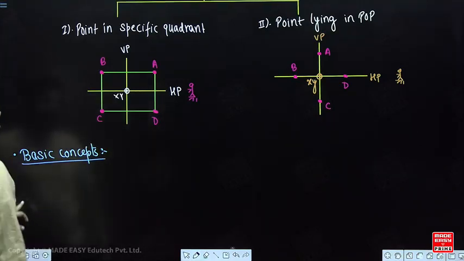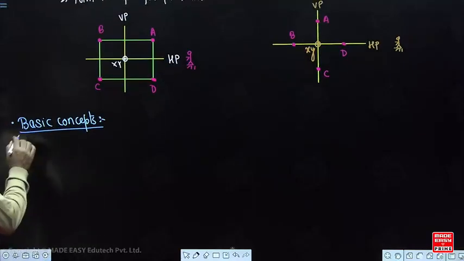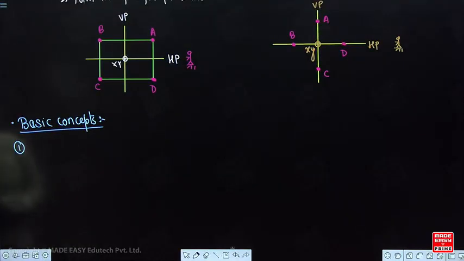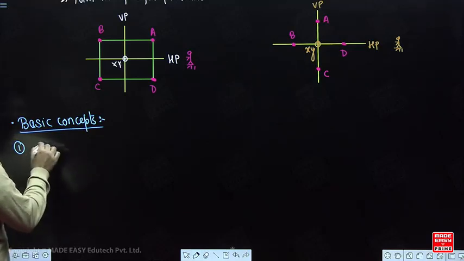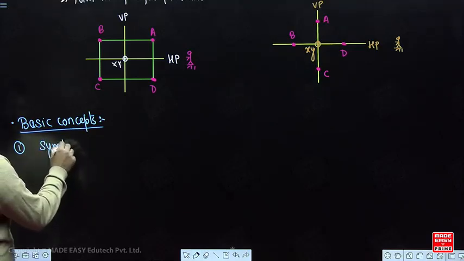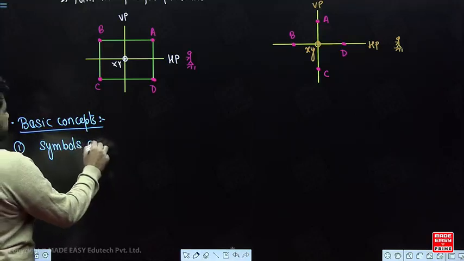Right? Basic concepts. So in basic concept number 1: symbols and abbreviations.